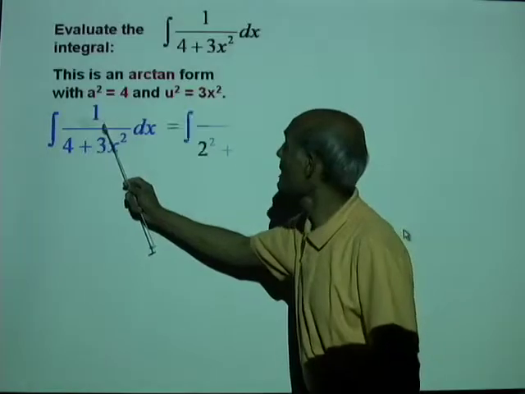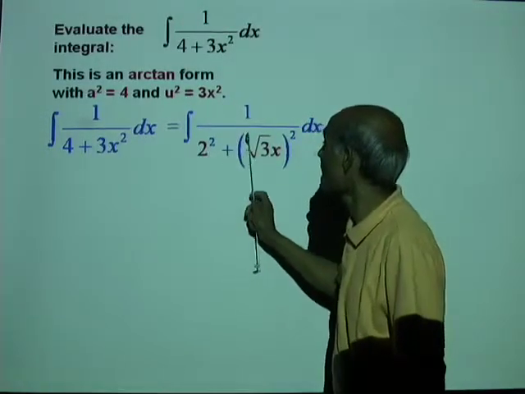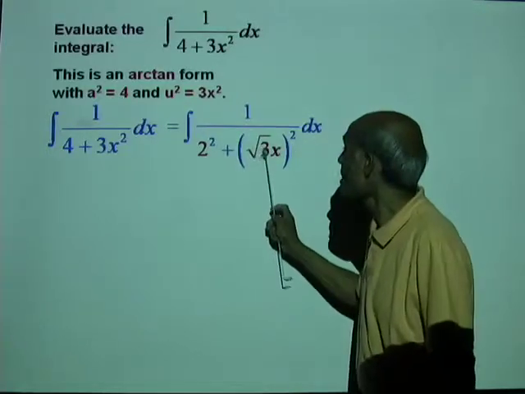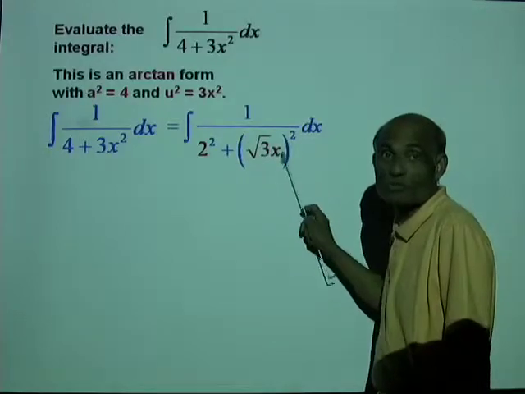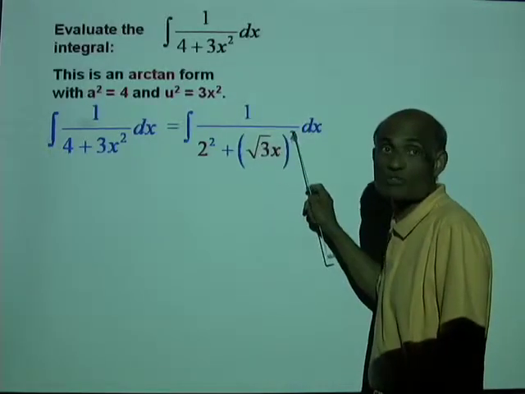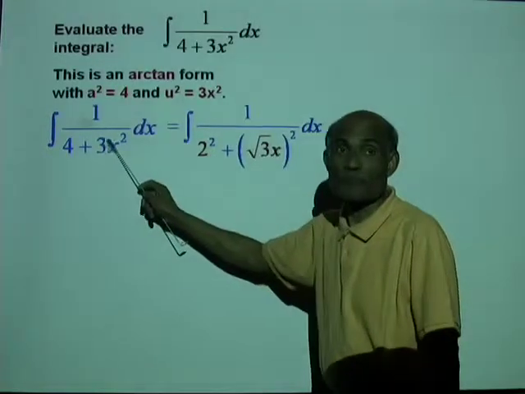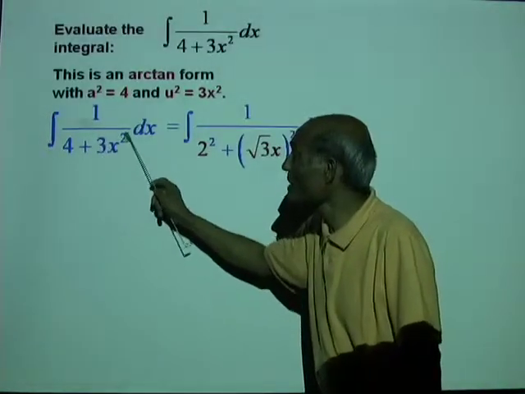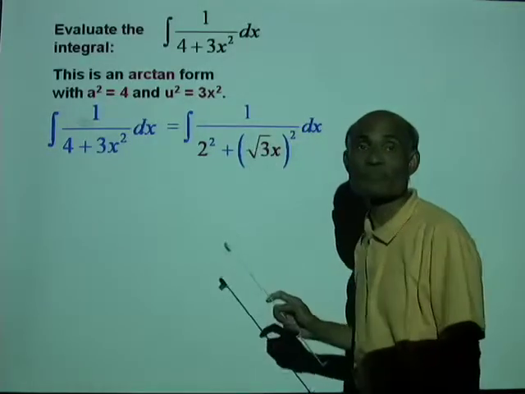And we will write it like this. Integral 1 over 2 squared plus, look at that, square root 3x all squared. Now what is square root 3x all squared? Square root 3 squared is 3 times x squared. So when u squared is 3x squared, u is square root 3x.